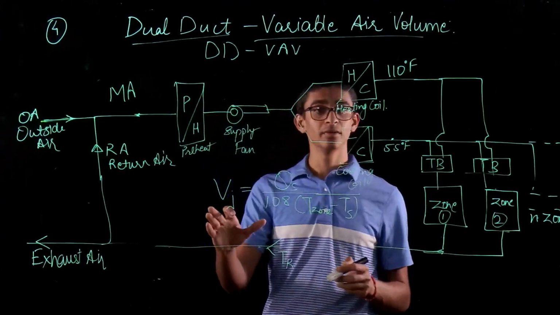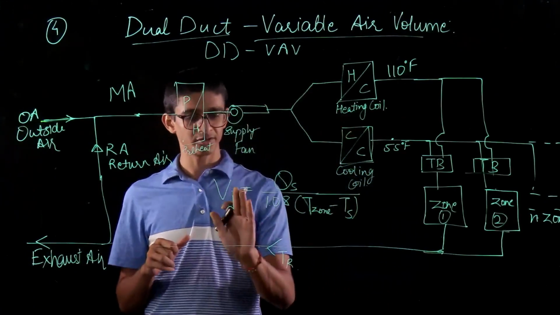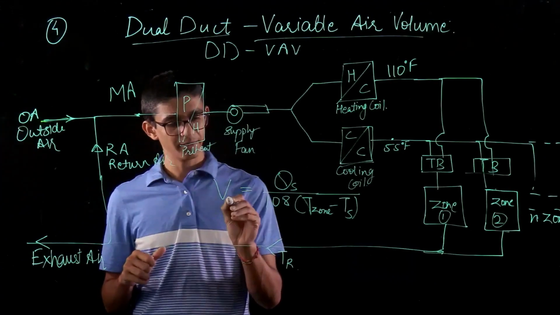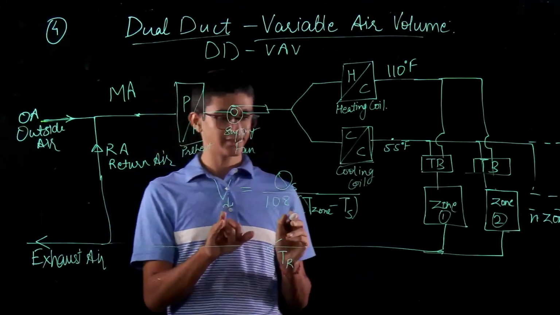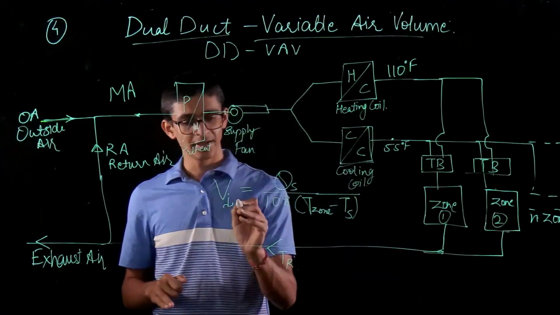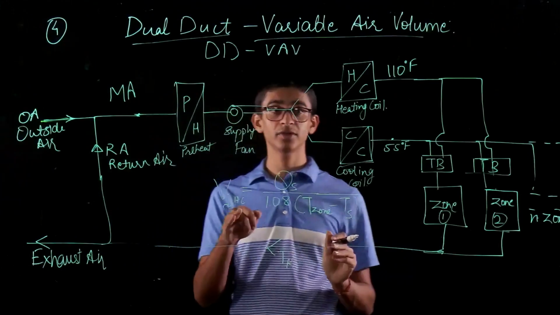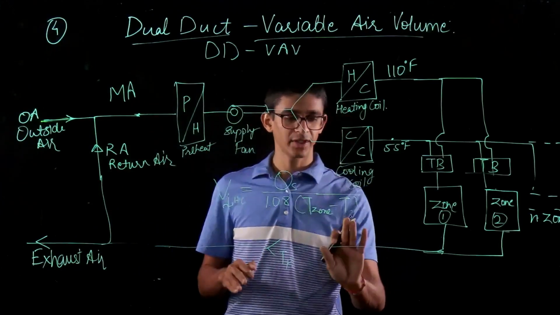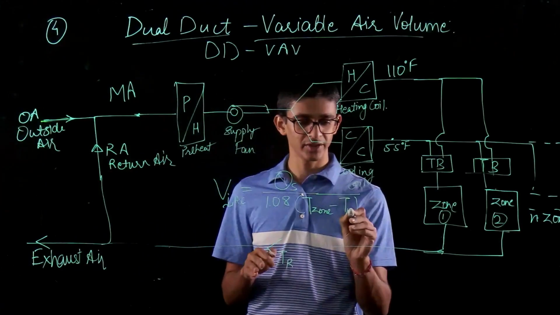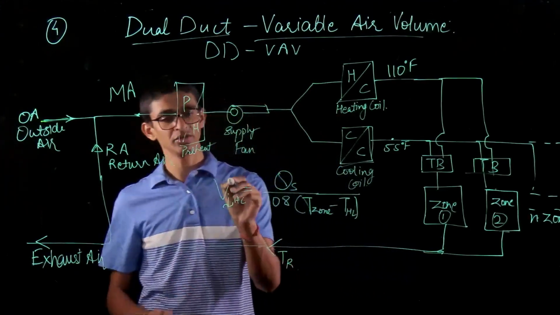And now the amount of cold air and hot air to be used are to be calculated. So this VJ, J denotes the jth zone, so first zone, second zone, etc. And the amount of cold air or hot air can be calculated. So if I want to calculate the amount of hot air, what I'll do is I'll take the temperature of the heating coil leaving temperature, and the amount of hot air to be used can be calculated.